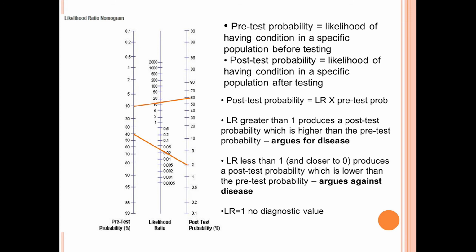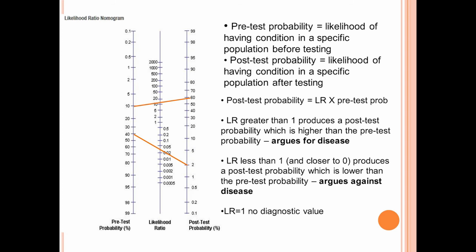Then you perform a test, and there's some prevalence, a proportion of the population that has the disease as determined by the test, and the likelihood ratio explains the relationship between those two.